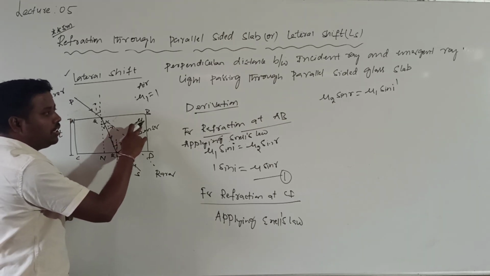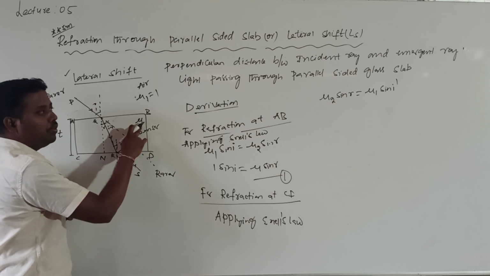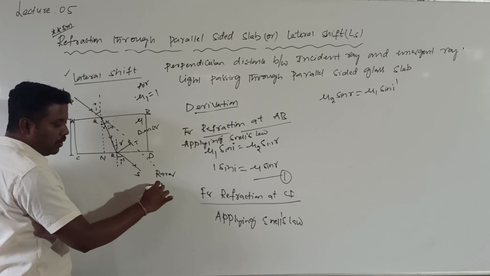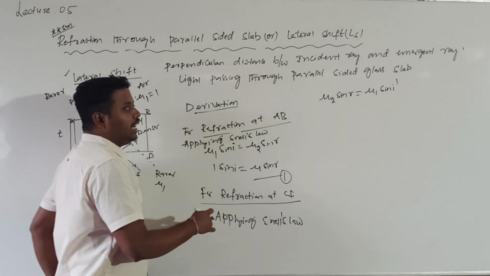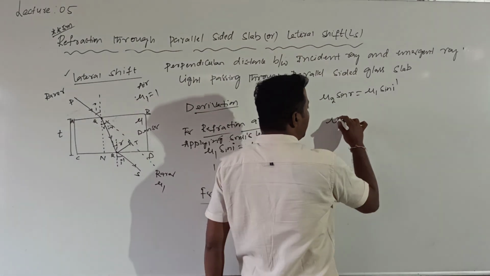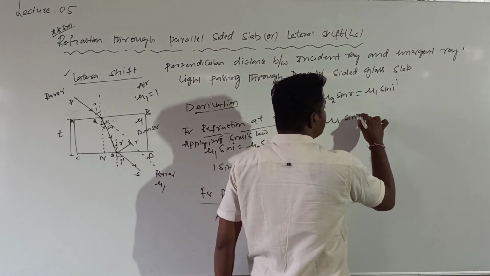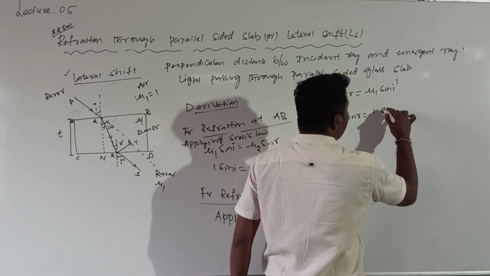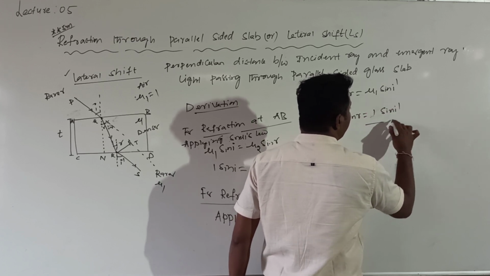This medium's refractive index mu2 into sin R is equal to the other medium's refractive index mu1 into sin I dash. So mu into sin R is equal to 1 into sin I dash. Can I call this equation 2?